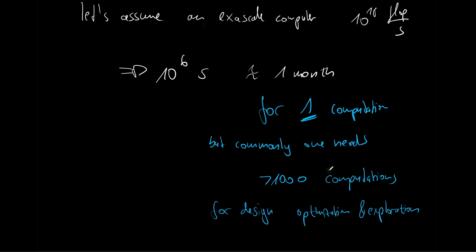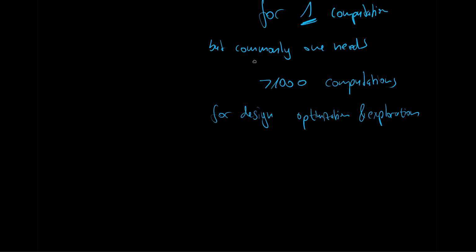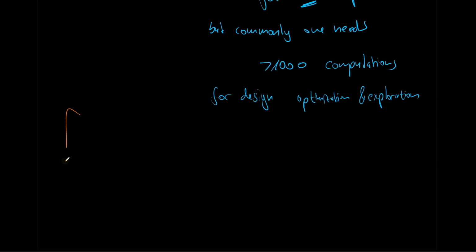And then if you were to do these 1,000s, you need 1,000 months, and that makes it kind of infeasible. Now you could argue, well, we can maybe just wait for faster supercomputers. There is still Moore's law. Let me highlight that one here.